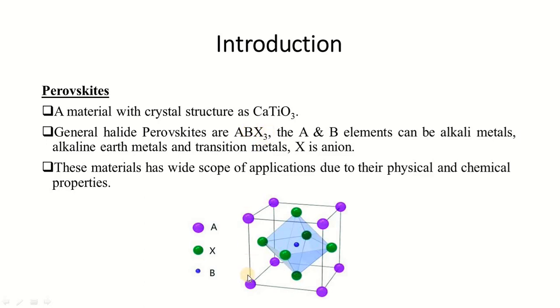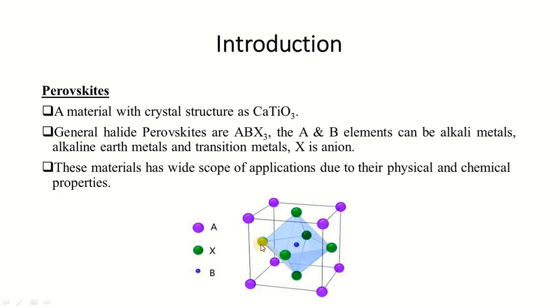Here we have a crystal structure of a general halide perovskite, in which the purple color atoms represent the alkali metal or alkaline earth metal. Similarly, the blue color represents the alkali metal, alkaline earth metal or transition metals, but the green color represents the anion atoms, which are mostly fluorine or chlorine or any other atom.